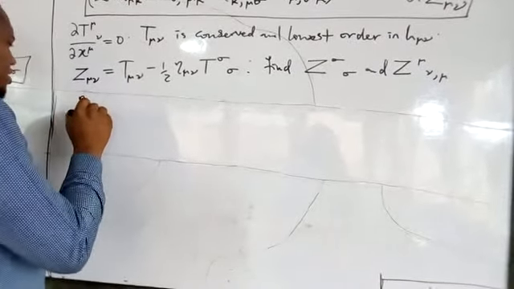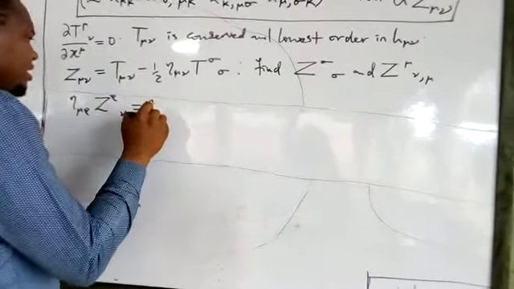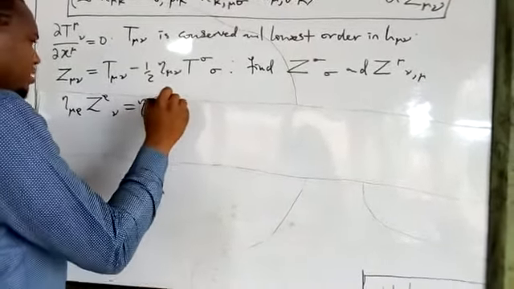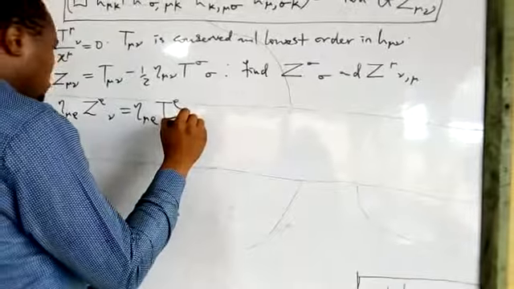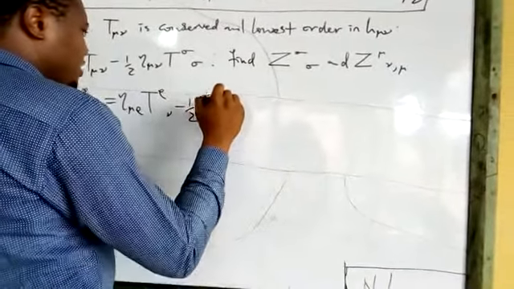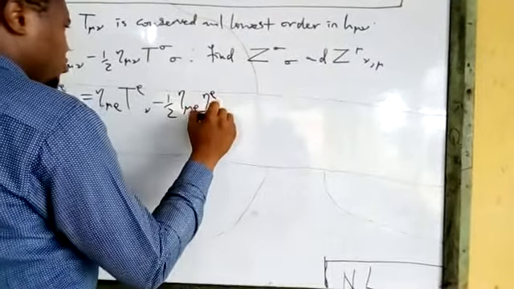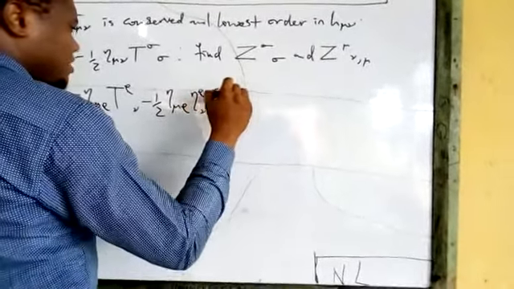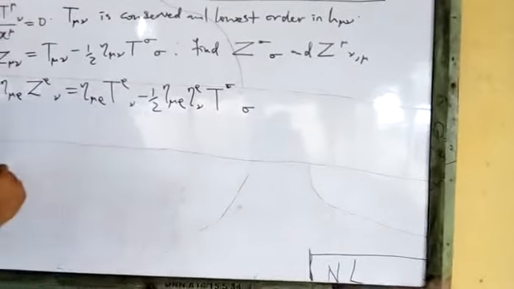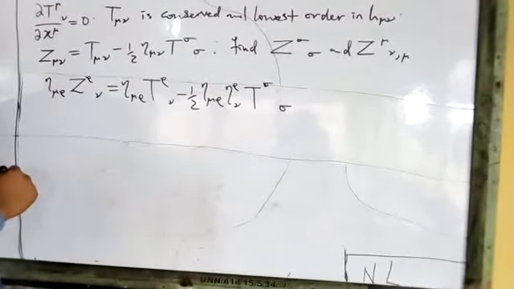So I'm going to use eta mu rho Z rho nu equal to eta mu rho T rho nu minus 1 over 2 eta mu rho, then this here is going to be rho nu, and then T sigma sigma. This is what this gives us.